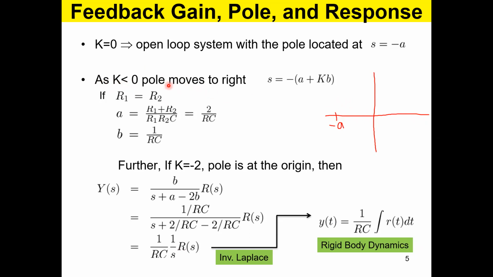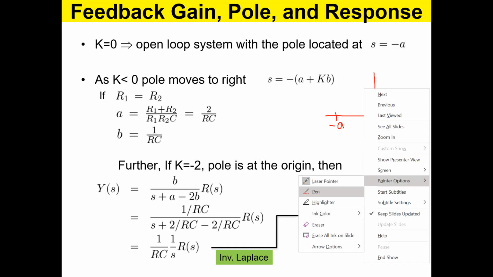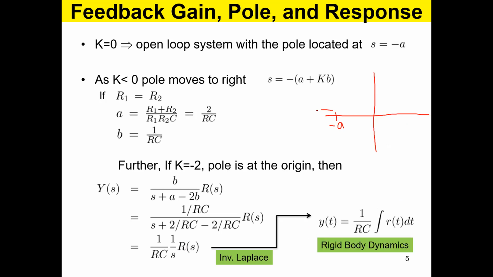K greater than 0, you are moving that way. So this is something that you need to keep an eye on. If you move that way, K is positive, and if you move that way, K is negative. Okay, so this is an interesting situation.